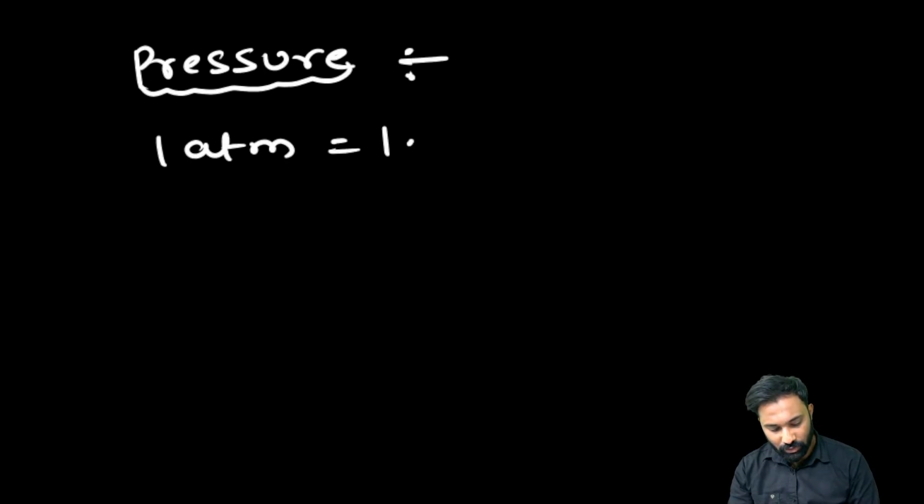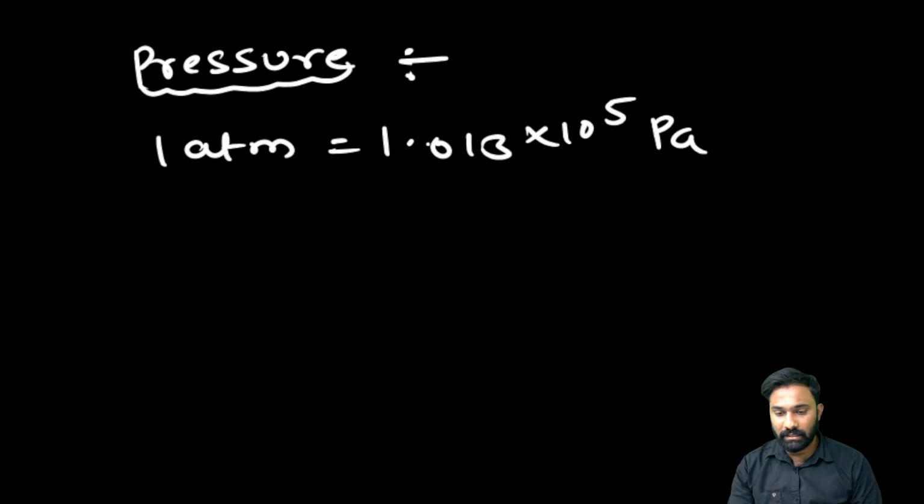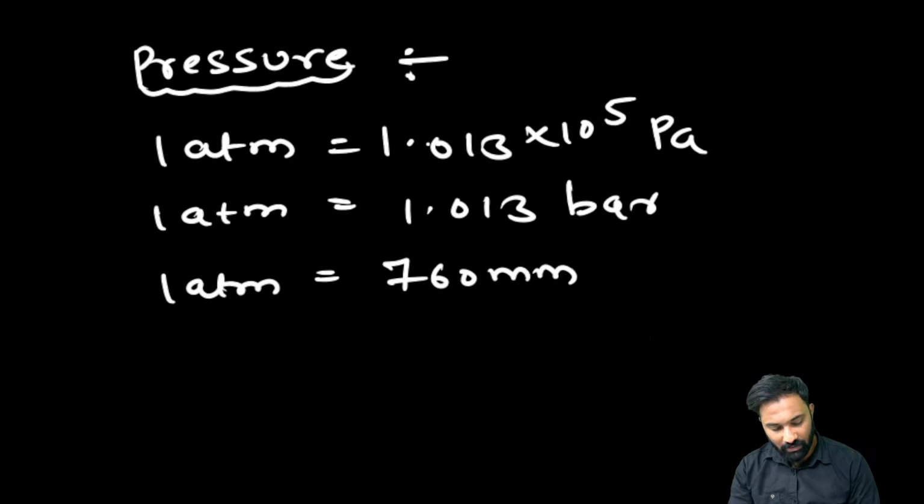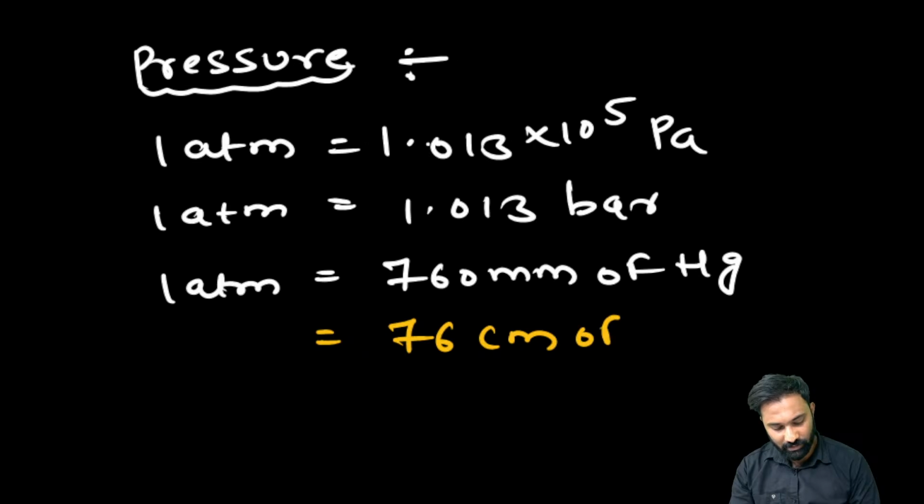1 atm is equal to 1.013 into 10 to the power 5 Pascal. This 1 atm is also 1.013 bar. Next, 1 atm is equal to 760 mm of Hg. This is also one unit we can use. Now 1 atm is equal to 760 centimeter of Hg.